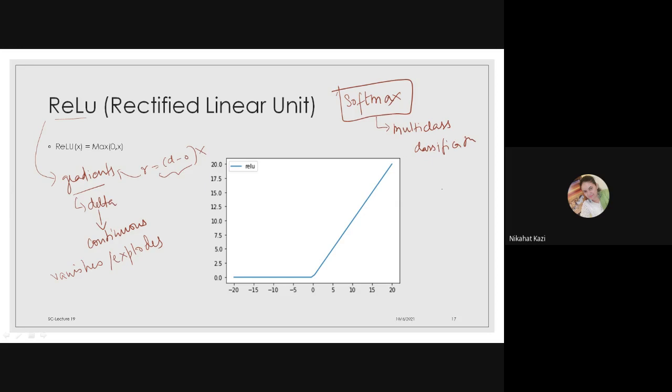So if there are 10 classes for your problem, for example, you are classifying the 10 digits, 0 to 9. After the penultimate layer, a softmax layer is added, which gives you a probability distribution over all these classes for the input.